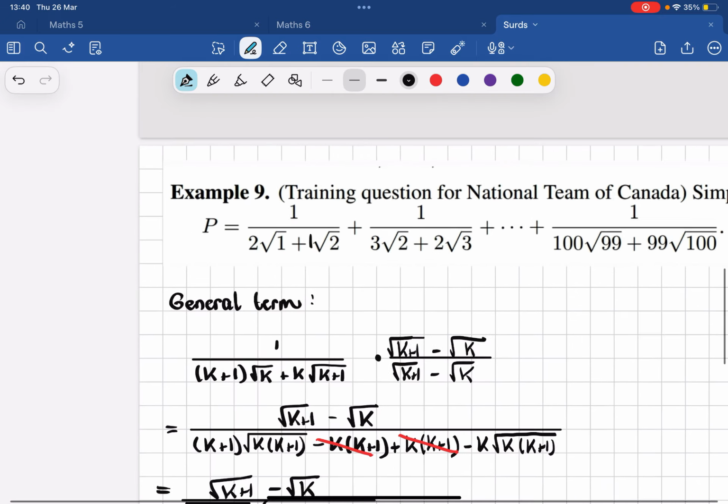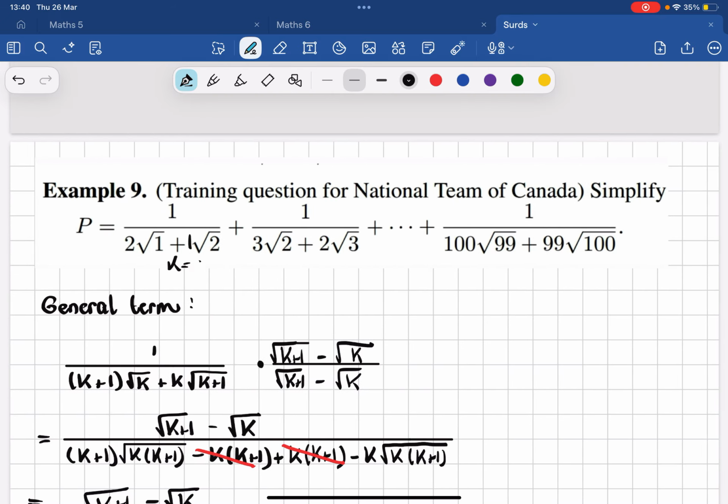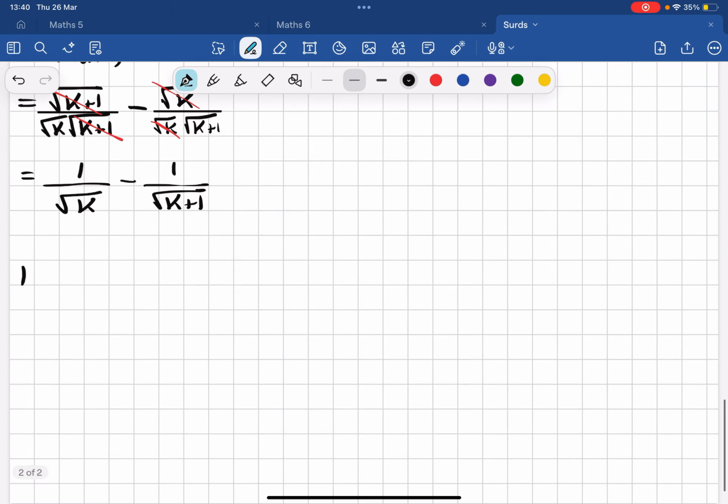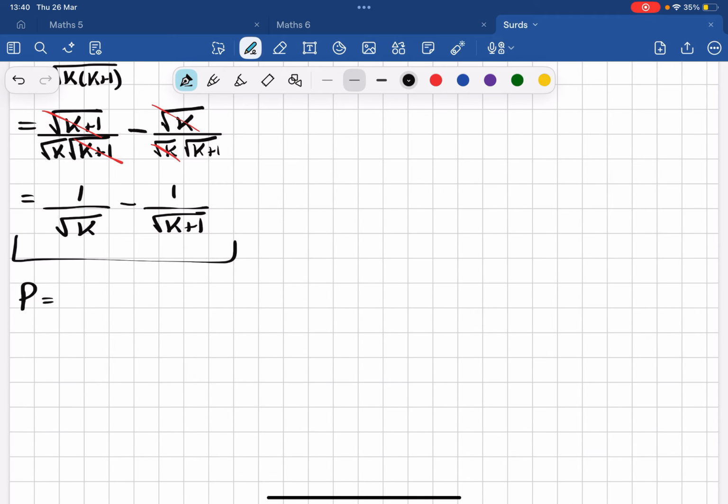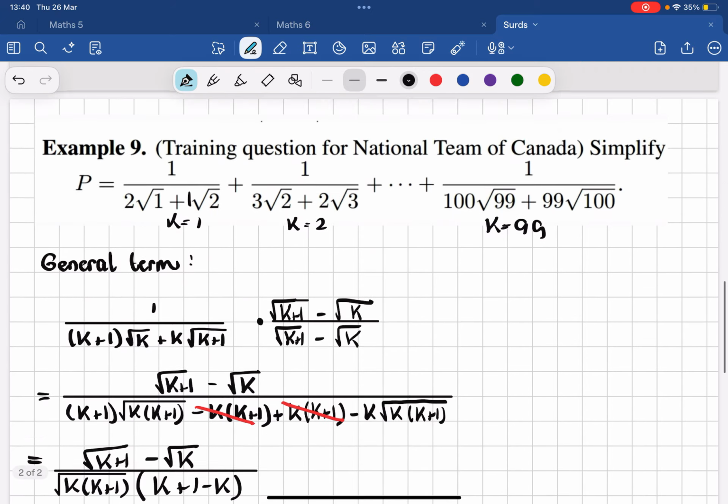So if we go back up to the top, here we said k equals 1, k equals 2, here k is 99. So let's rewrite out p using what we just discovered to be the general term. So we have 1 over root 1 minus 1 over root 1 plus 1, which is 2. That's our first term.